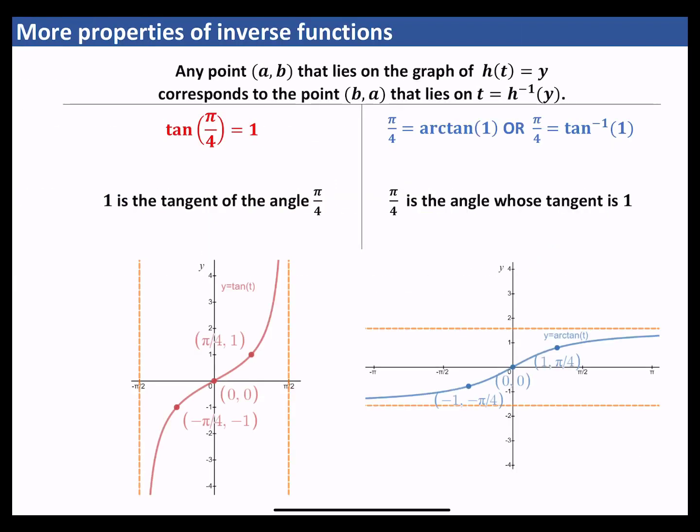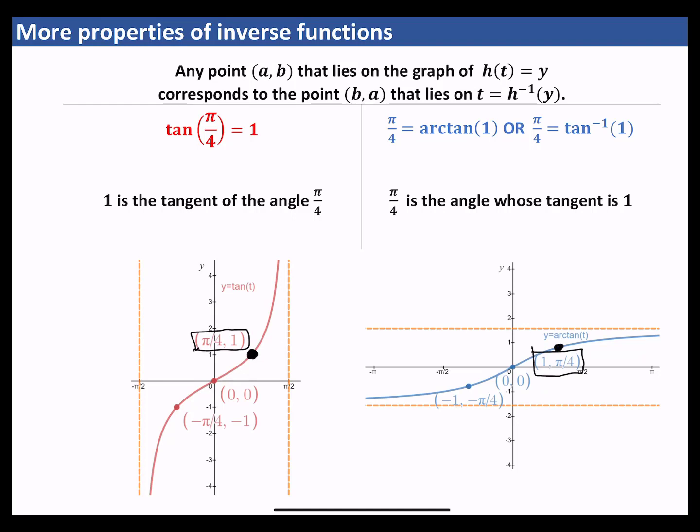Another property of inverses we learned previously is that any point a, b that lies on the graph of h of t equals y corresponds to the point b, a that lies on the graph of t equals h inverse of y. For example, we know that pi over 4, 1 lies on the graph of the restricted tangent function, and we see that the corresponding point 1, pi over 4 lies on the inverse tangent function.